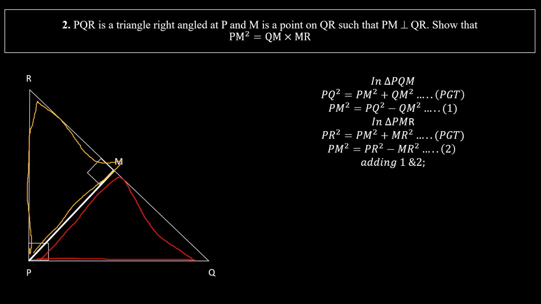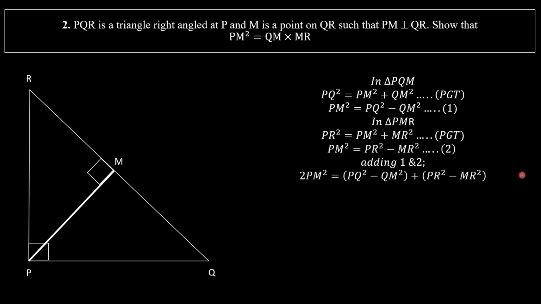Now, if we add 1 and 2, we need PM square on one side. So adding 1 and 2, we get twice PM square, 2PM square, is equal to PQ square minus QM square plus PR square minus MR square.